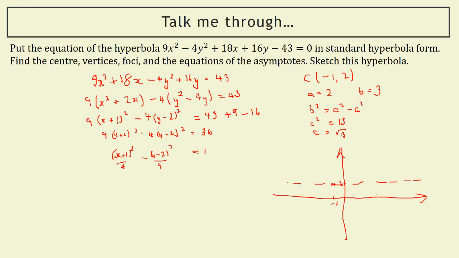Doesn't the vertex need to be along this dotted line? So the y coordinate's got to be 2, hasn't it? What's the x coordinate?